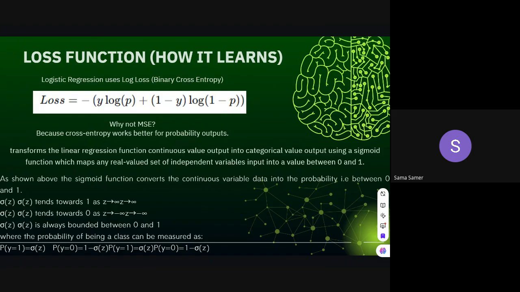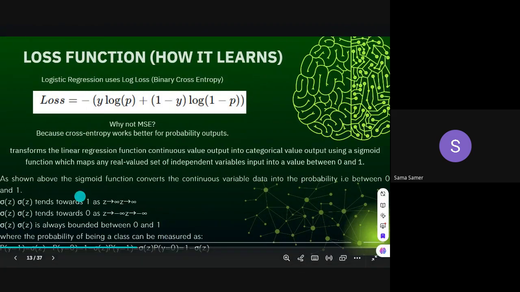Transforming a linear regression, this is how it works: we transform the continuous value output into a categorical value output using the sigmoid function, which maps the real values and so on. As shown here, we know how it is converted. We have sigma of z.